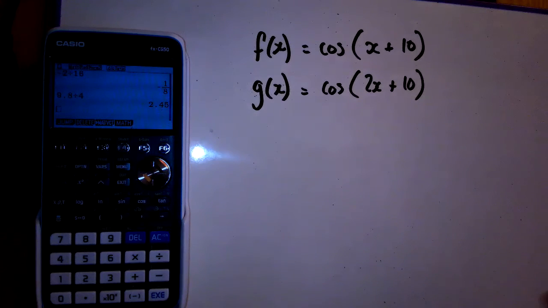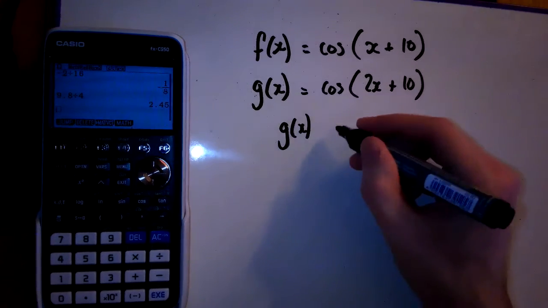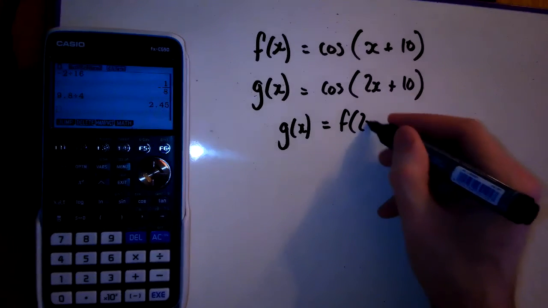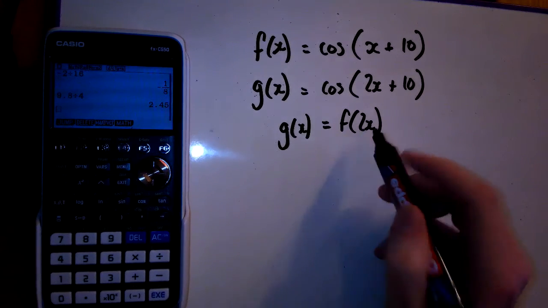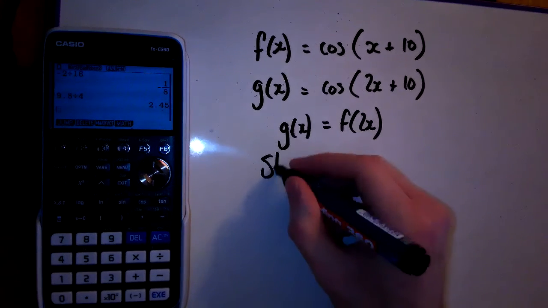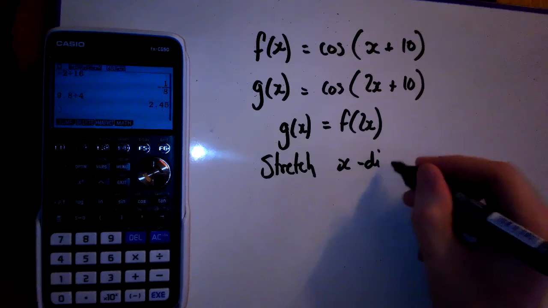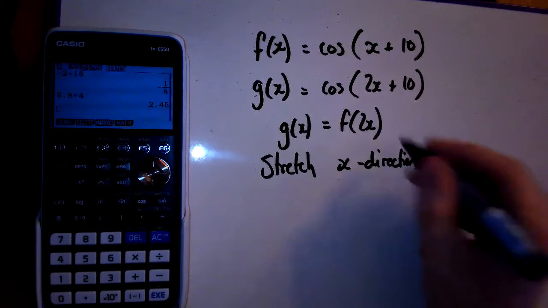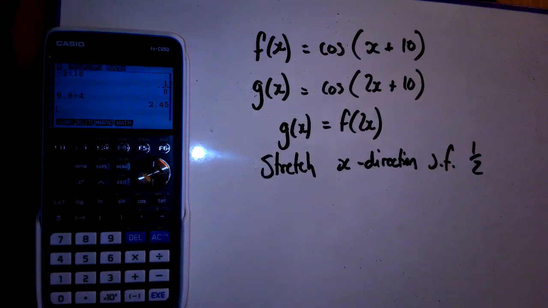So hopefully you can spot that g of x is just f of 2x. So therefore, the x is times by 2, so it's a stretch in the x direction. And since it's inside the brackets, we do the opposite, so the scale factor is a half, not 2.